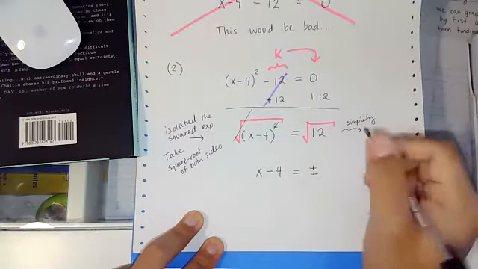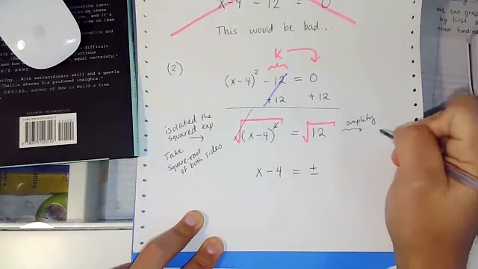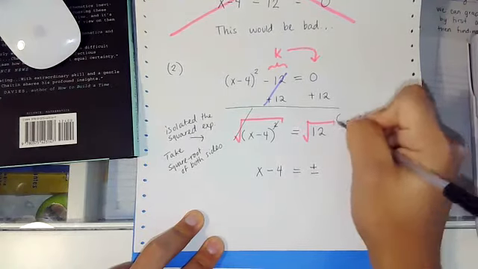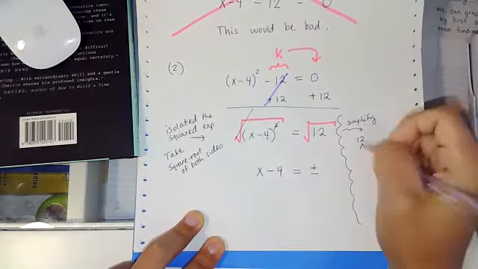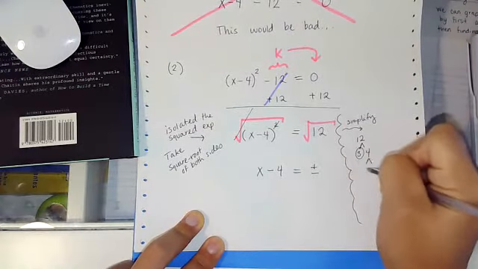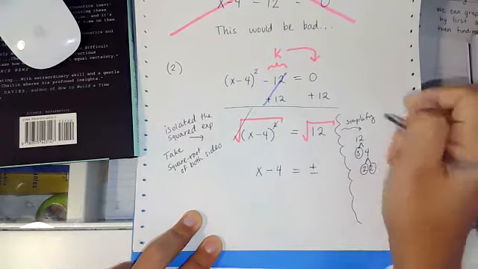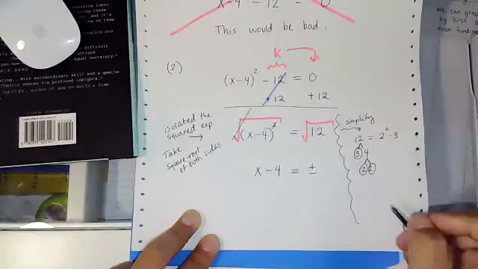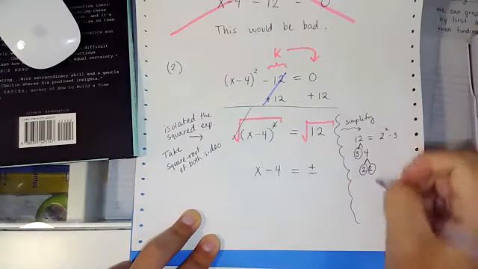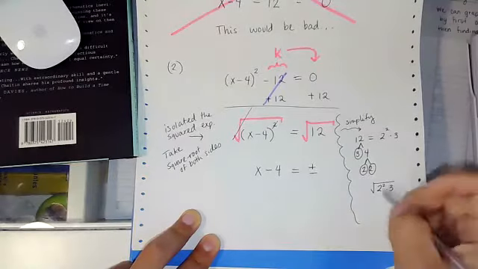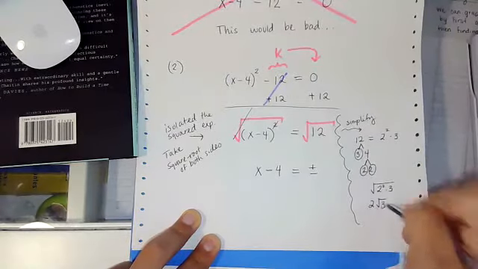And we can say that 12 is equal to, and this is some scratch work, 3 times 4. 3 is prime, this is 2 times 2, so 12 is equal to 2 squared times 3. And if we take the square root of 2 squared times 3, you get 2 root 3.